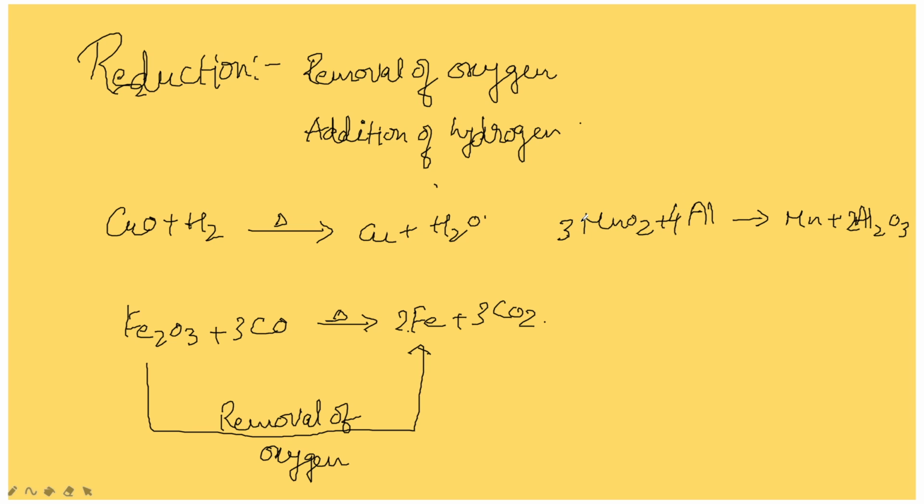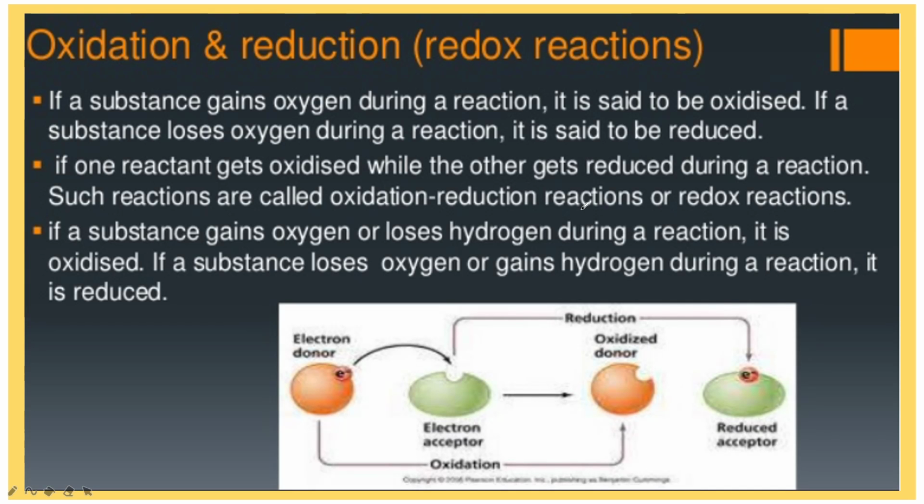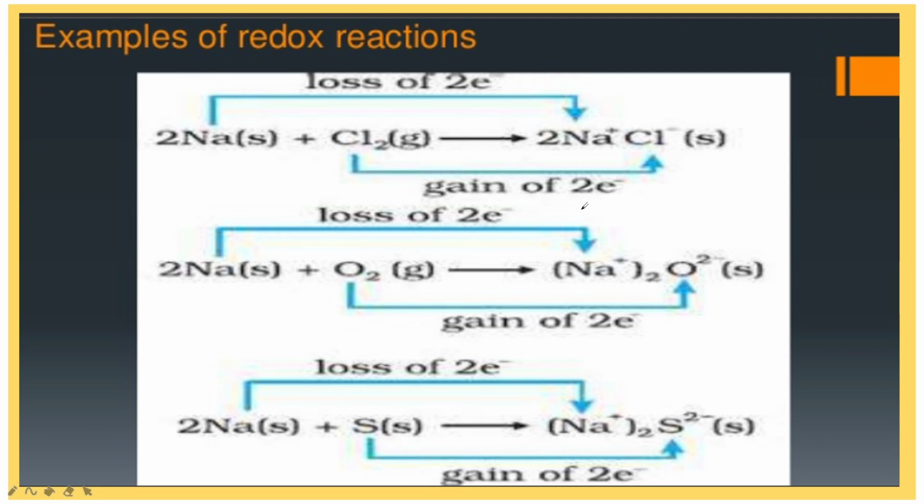So here also removal of oxygen from manganese oxide took place, that is what is called a reduction reaction. So these are about oxidation and reduction reactions. If a substance gains oxygen or loses hydrogen during a reaction, it is oxidized, and if a substance loses oxygen or gains hydrogen during a reaction, it is reduced.